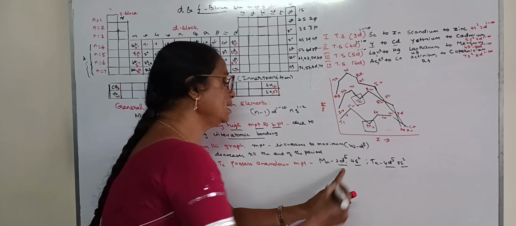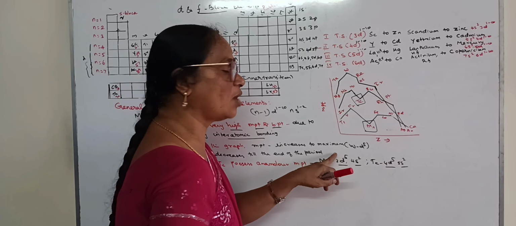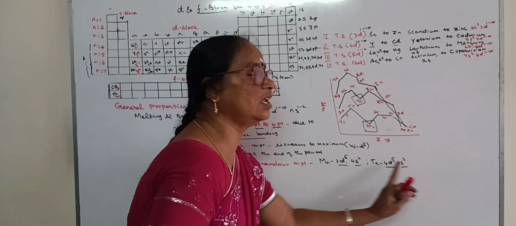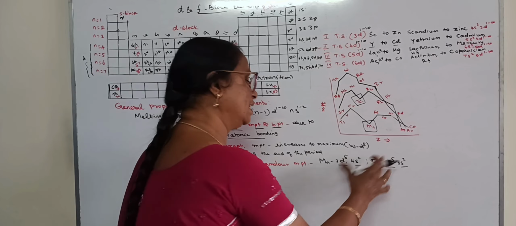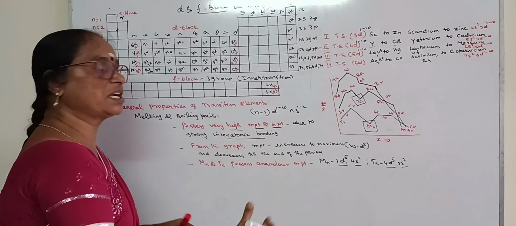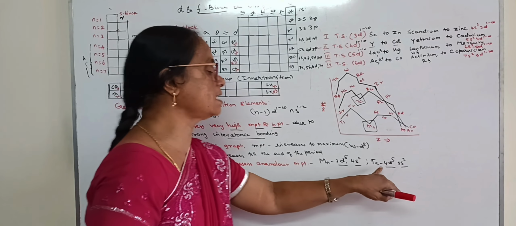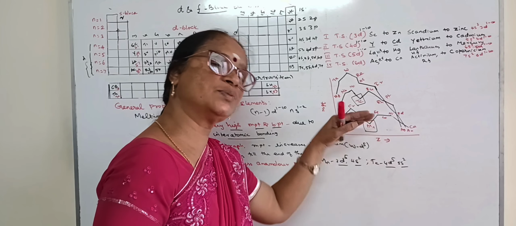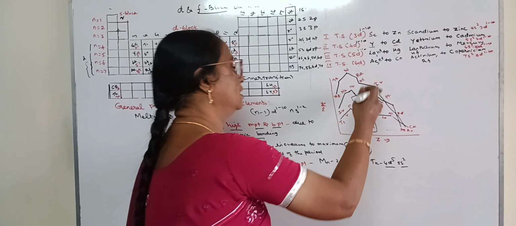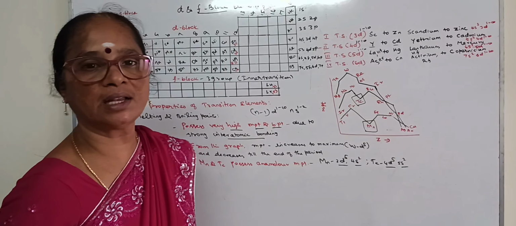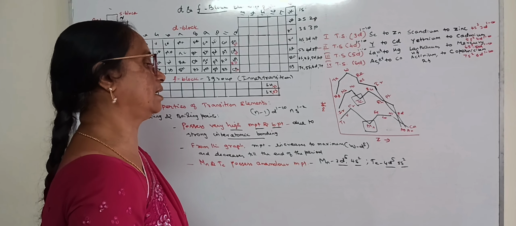In this case the d orbital itself is half filled along with the fully filled s orbital. That makes them exceptionally stable, so this may be a reason for the dip in melting point of manganese and technetium.